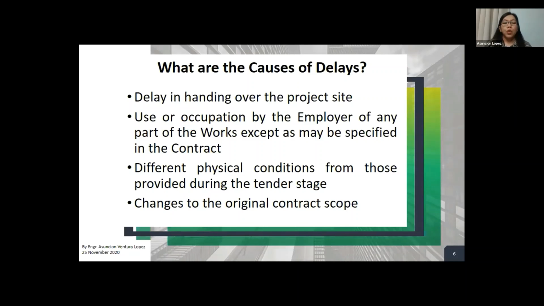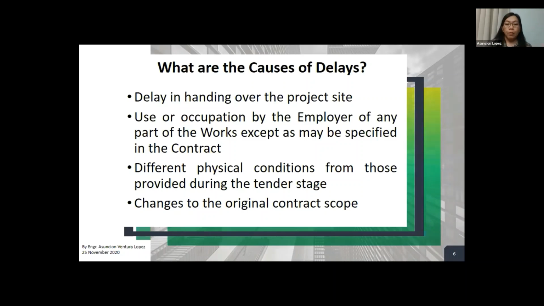Next, the use or occupation by the employer of any part of the works, whether it's a section of the work, it's just one part of the work, even if not a full occupation or not full use of the project, then it can be considered as a delay, or it can be entitled to an extension of time. However, it must be noted that it should not be specified in the contract, because in some contracts there are sectional completions, right?